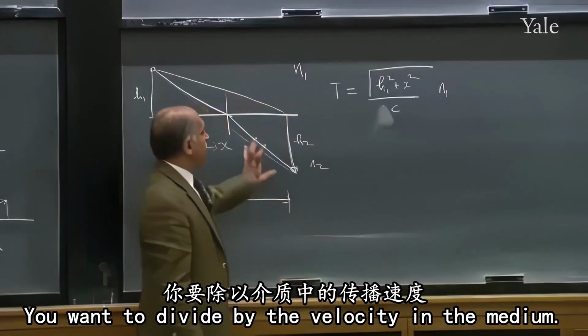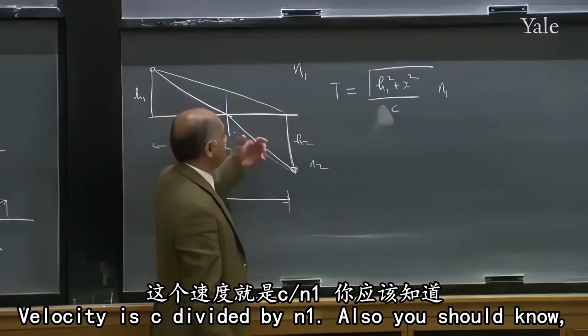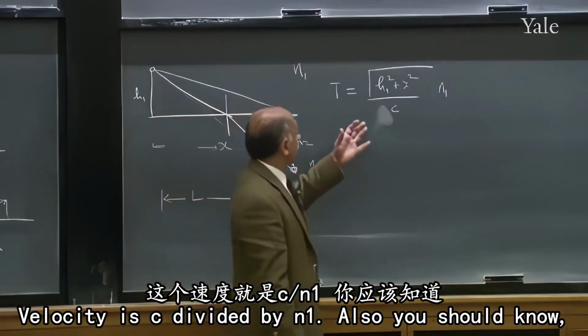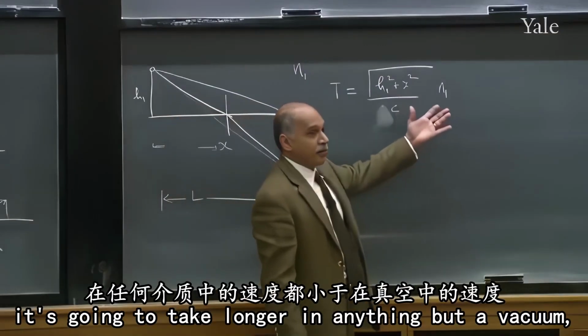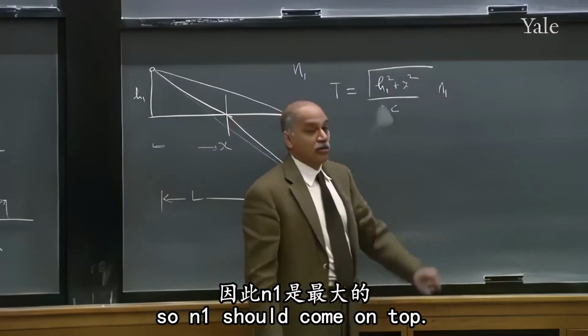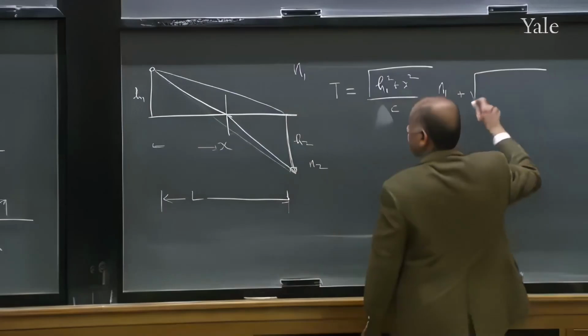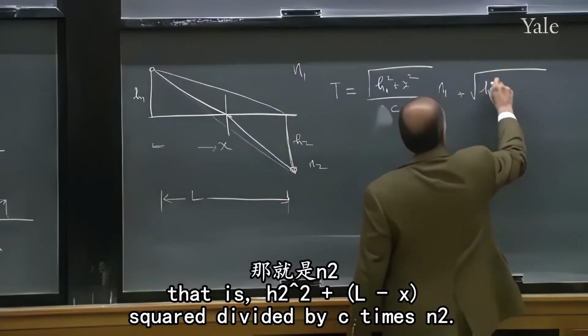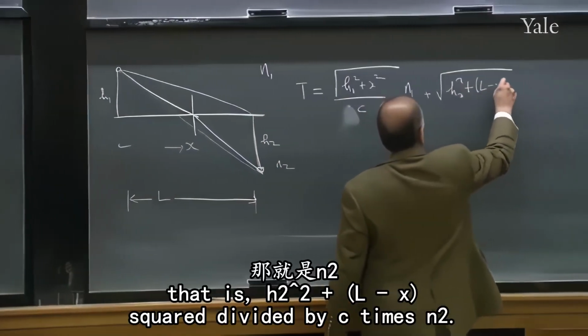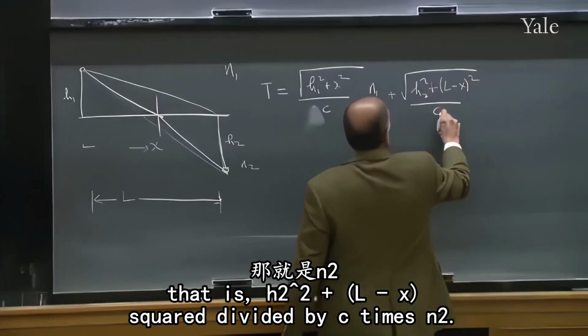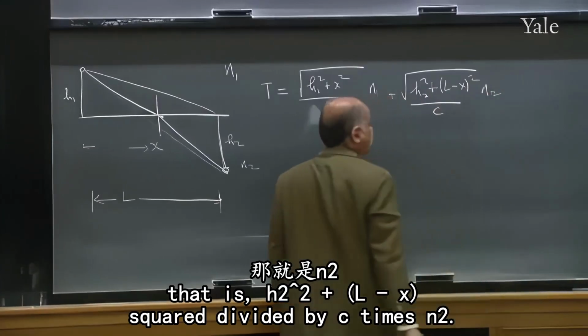You want to divide by the velocity in the medium. Velocity is c divided by n1. Also, you should know it's going to take longer in anything but vacuum, so n1 should come on top. Then you have the other term. That is square root of h2 square plus L minus x square divided by c over n2.